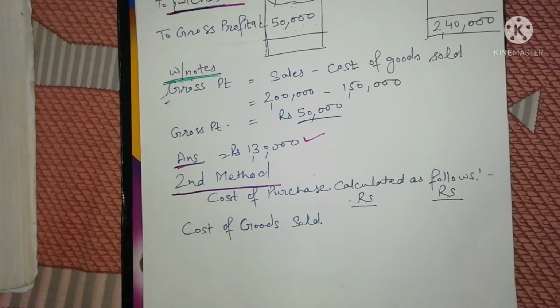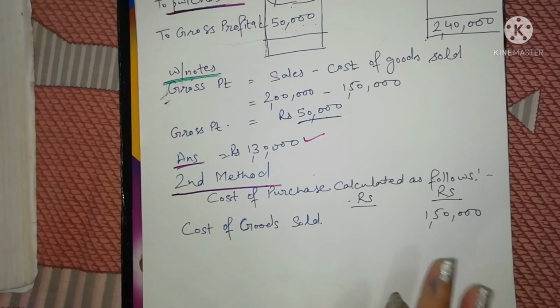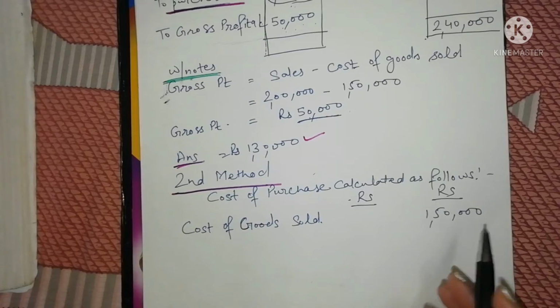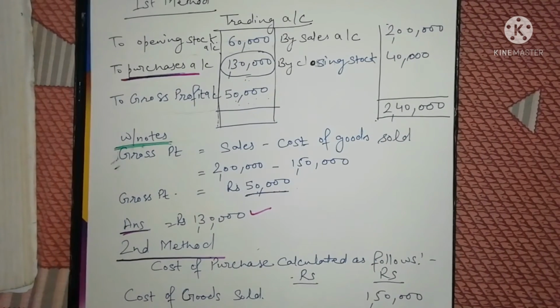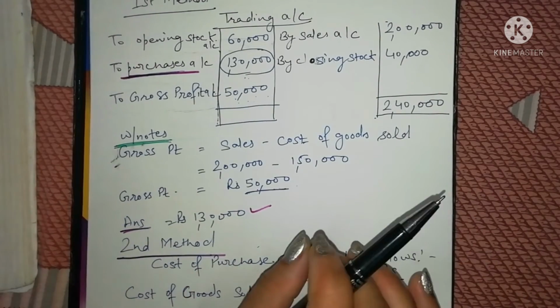In that way we would not calculate the figure of purchases correctly. For calculating the purchases figure we need the cost of goods sold, because profit is not included in it. So cost of goods sold is rupees 1,50,000.